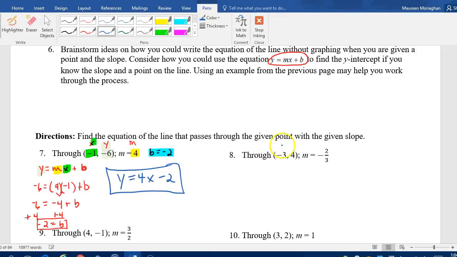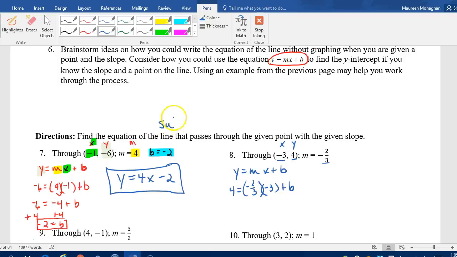Okay, let's try this. This is x, this is y. Y equals mx plus b. You're going to substitute this, this, and this. You have to put all those in. Y is 4. X is negative 3. The slope is negative 2/3. All I'm doing is substituting in.